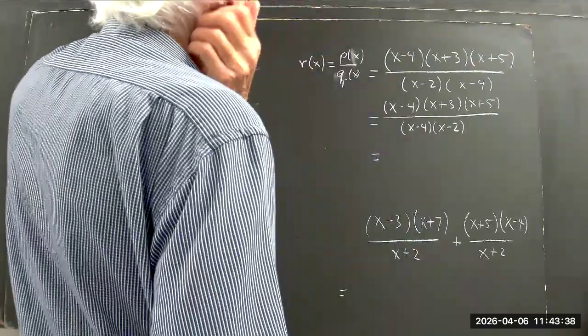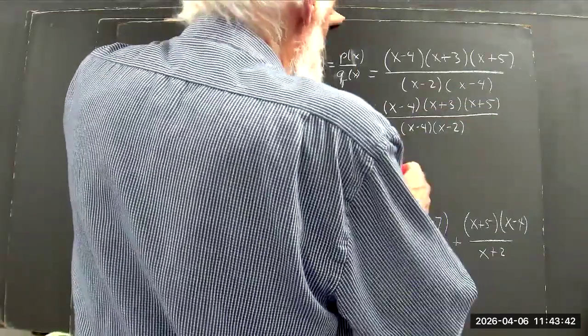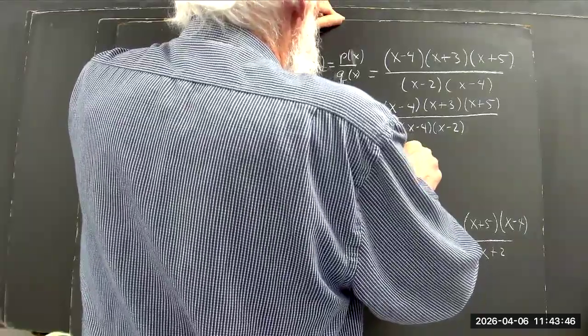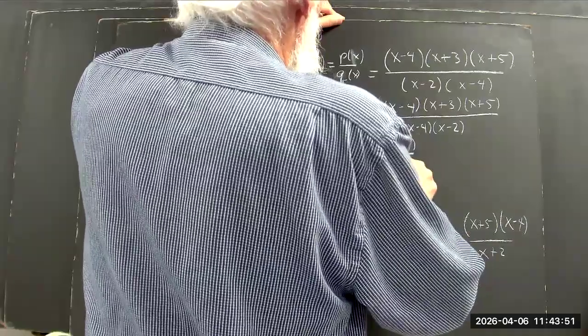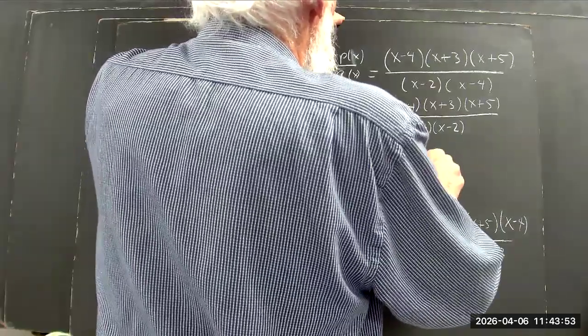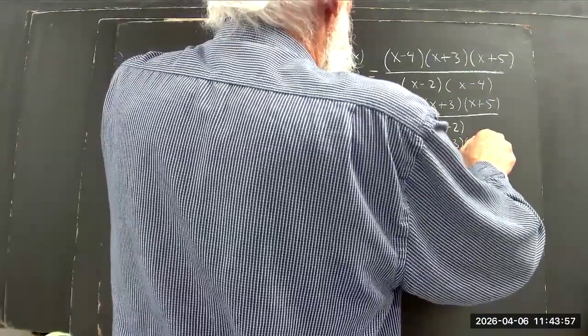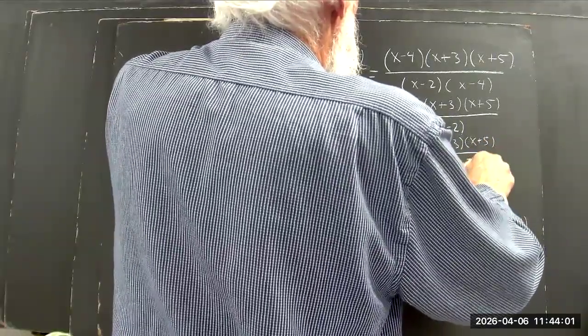we see when this thing is in the new form that this is going to be the same as x minus 4 over x minus 4 multiplied by x plus 3 times x plus 5 over x minus 2.